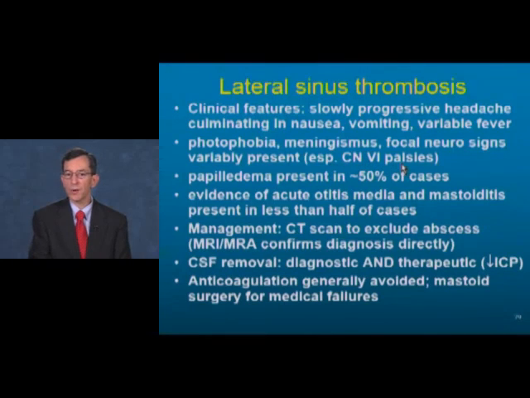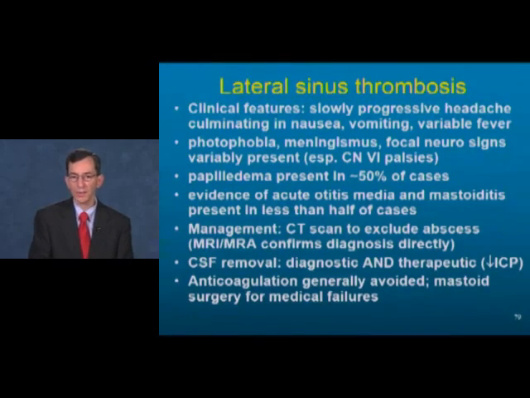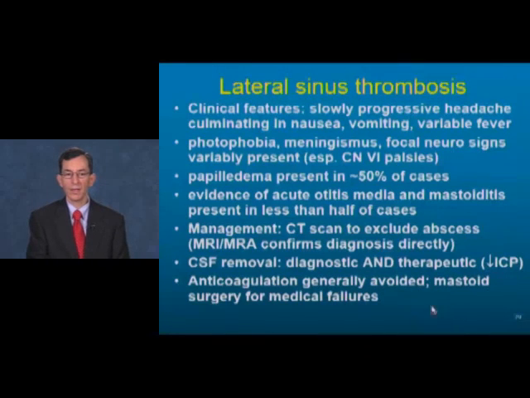Remembering that sixth nerve palsies don't necessarily reflect compromise of the sixth nerve directly, but simply of increased intracranial pressure as the longest of the cranial nerves, tries to reach the orbit. Patients may or may not have papilledema, and sometimes we can identify the initial focus of infection, as I've noted here. And so we try to drain the mastoid if present.